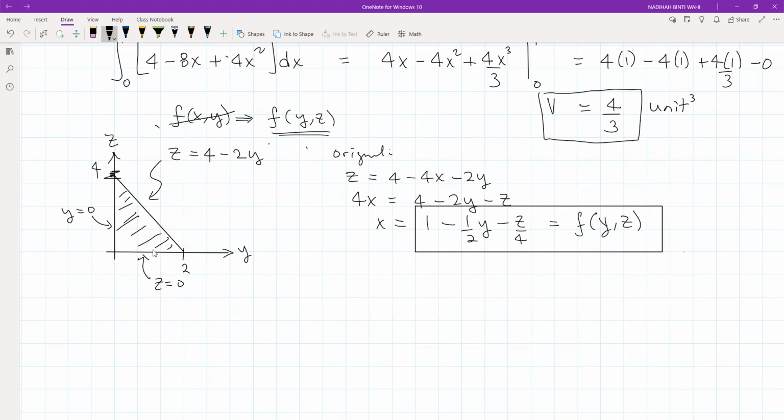Okay, so we can see that you can also use the same thing. z starts from 0 until z equals to this. Okay, so the setup will be, now we have the region R in the YZ plane, Fy of z dA.